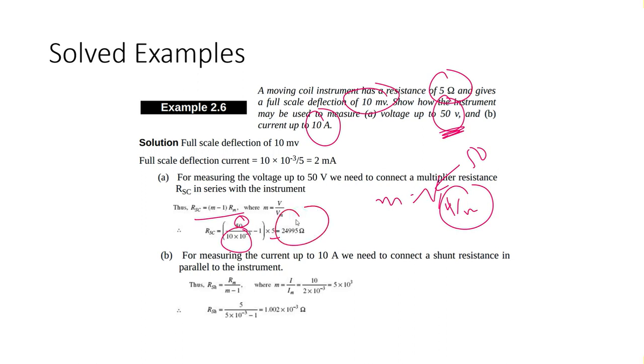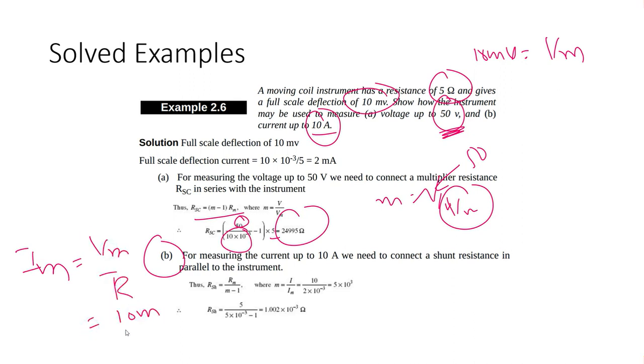Now we want to convert it to an ammeter that can measure 10 ampere. We had this 10 millivolt as Vm. We do not have Im, so for this B part, we will first calculate Im. Im is equal to Vm divided by R. Vm is 10 milli divided by R, and R is 5. So Im turns out to be 2 milliampere.